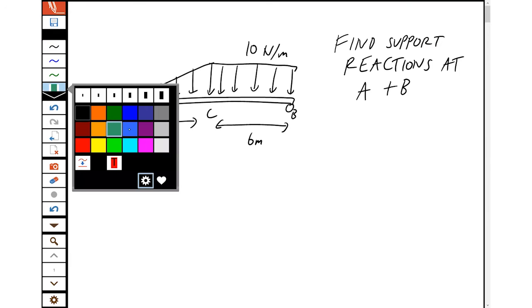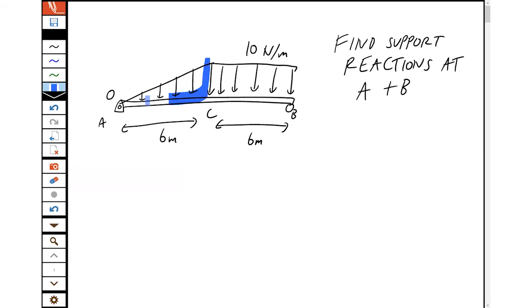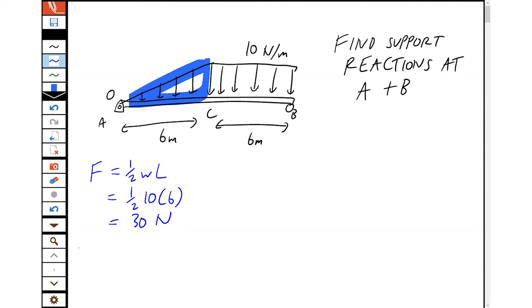Let's look first at this triangular load. We can see the equivalent force is a half the distributed load times the length, which is a half of 10 times 6, which is 30 newtons. And that's at a third of the distance from the max, or 2/3 of the distance from 0.